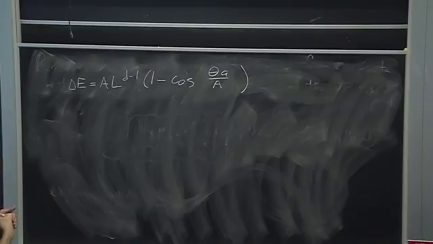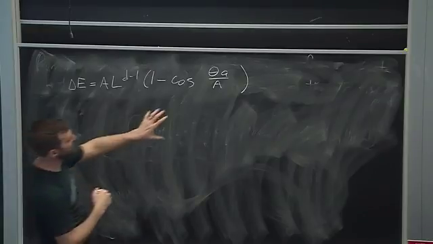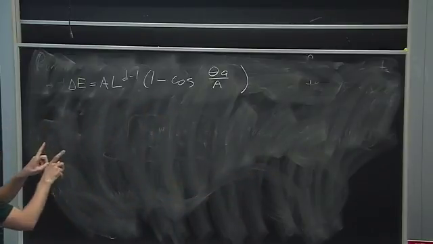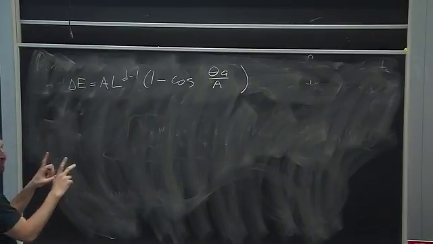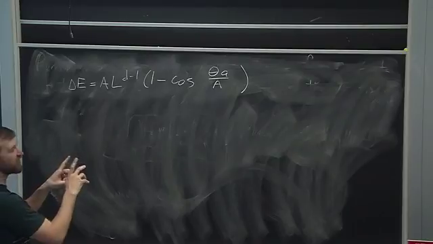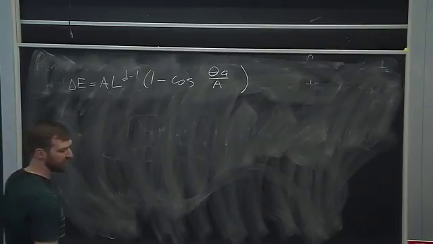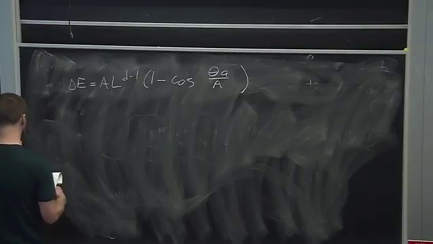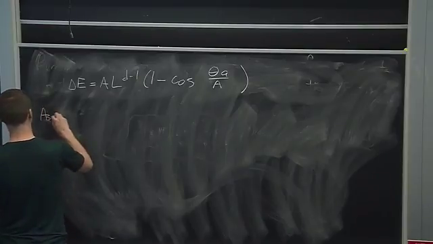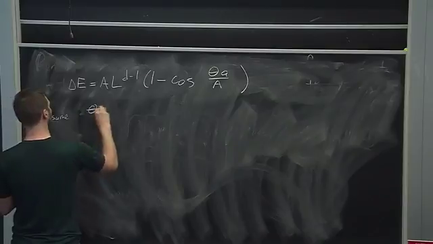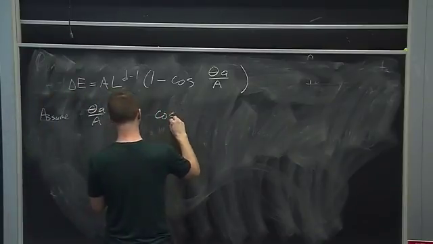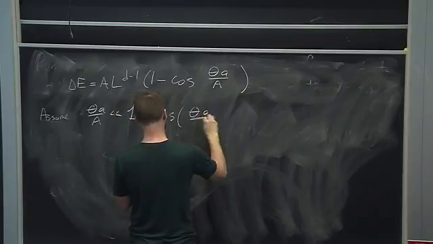And let's assume that that argument is small, so that neighbors aren't, so it's kind of like a low, expect this to be lower energy than just having a big jump between nearest neighbors. So theta a over A. So we can expand the cosine, that's why I used it.